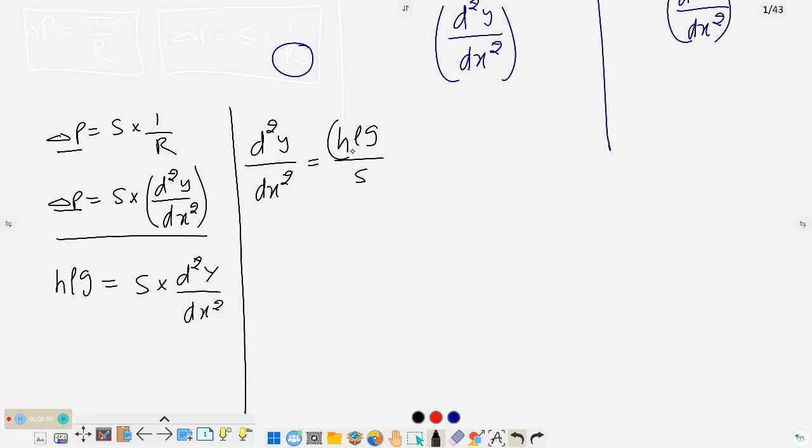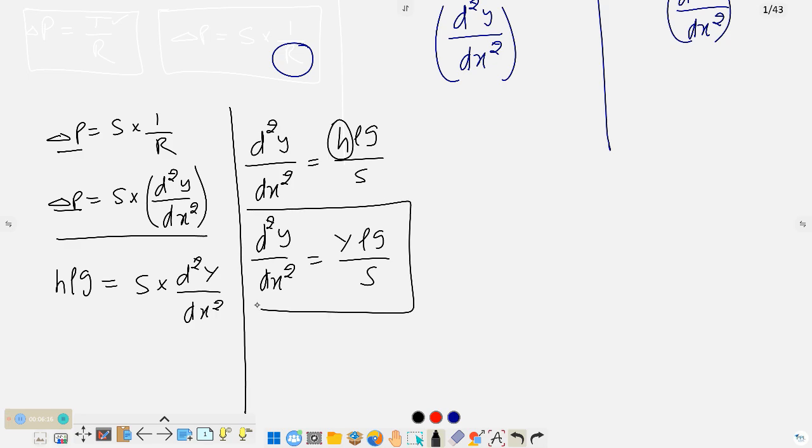Now what is h here? Height. At a distance of L, the y value is changing with respect to x. So at any y, d square y by dx square becomes y rho g by s. This is the answer to your question.